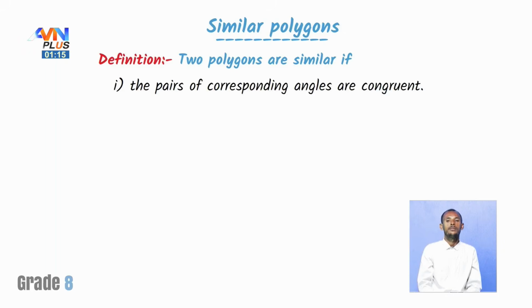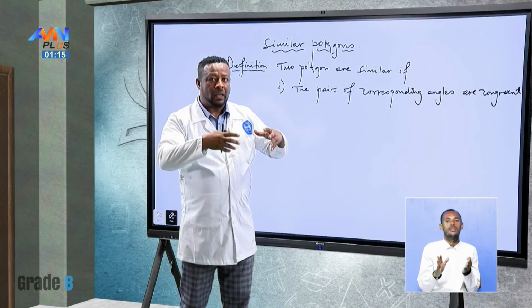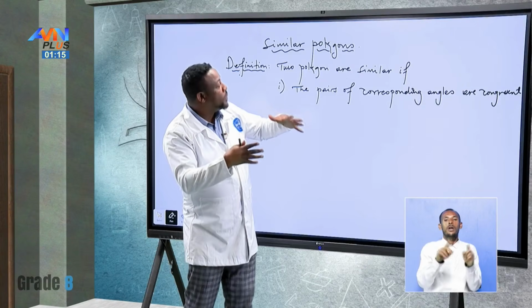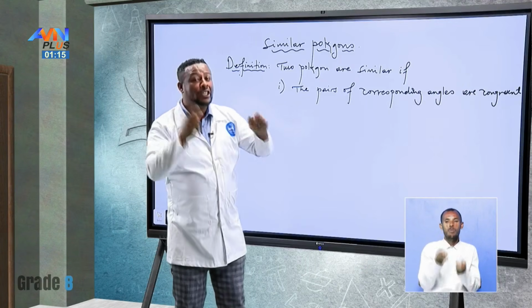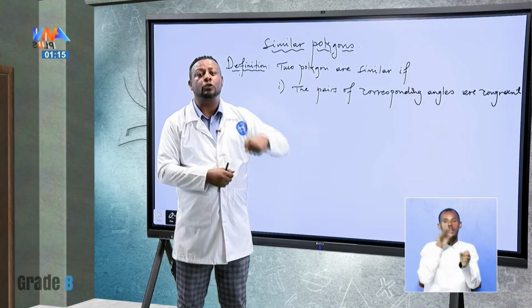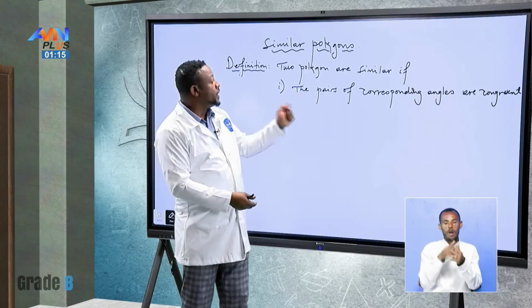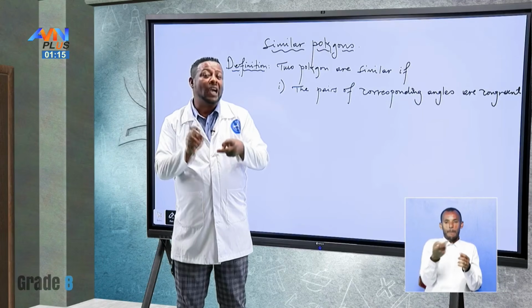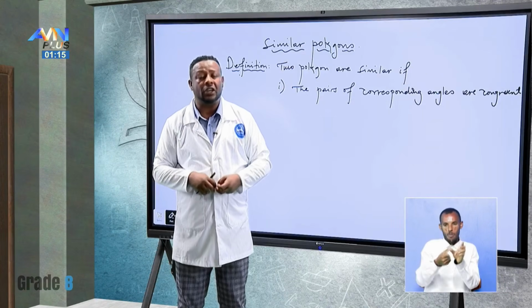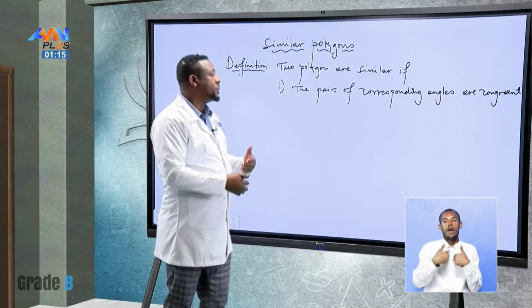Okay, whenever we compare two polygons, we need to consider two conditions, necessary and sufficient condition, to say that two polygons are similar. So one of the conditions is the pairs of corresponding angles of a polygon should be congruent. Okay, this is one criteria. We have one more criteria.